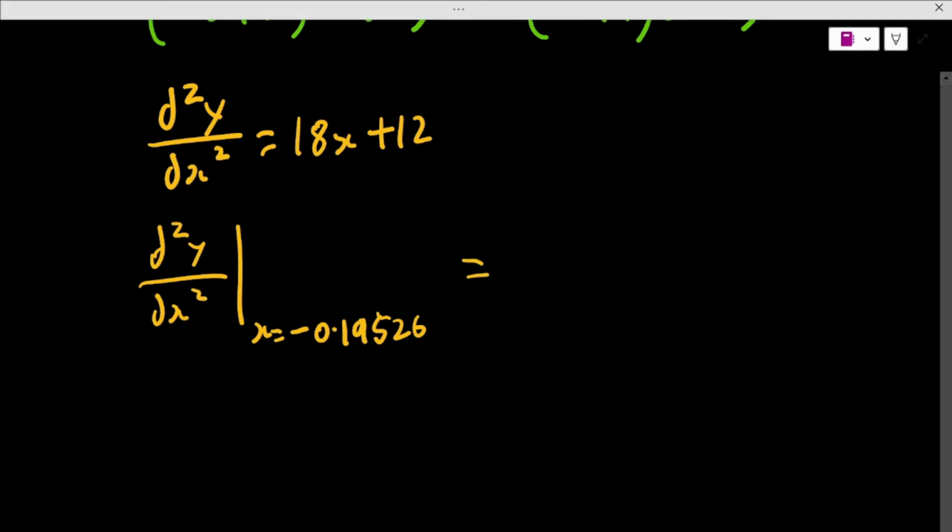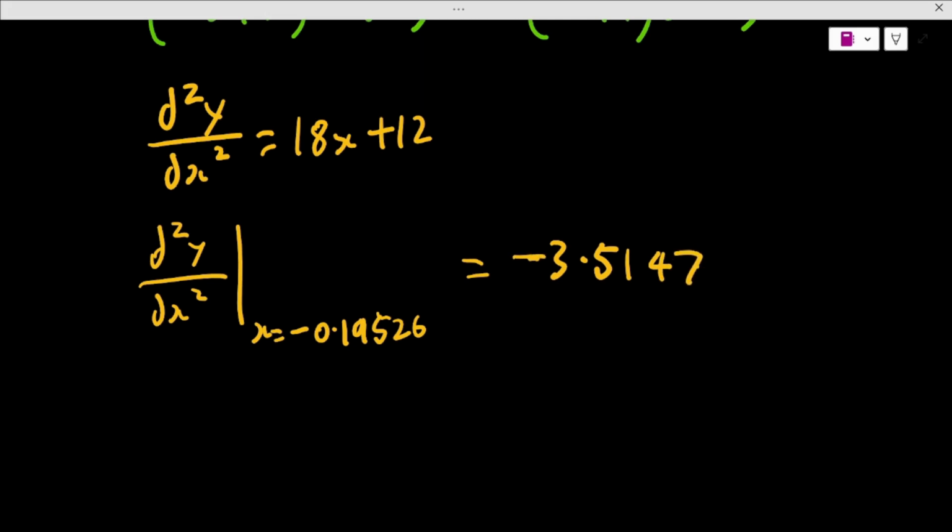This is going to be 18 times this, which is about negative 3.5147 to 5 significant figures.